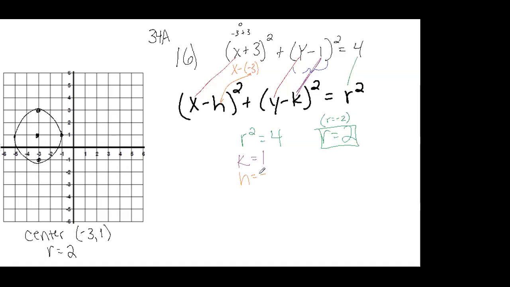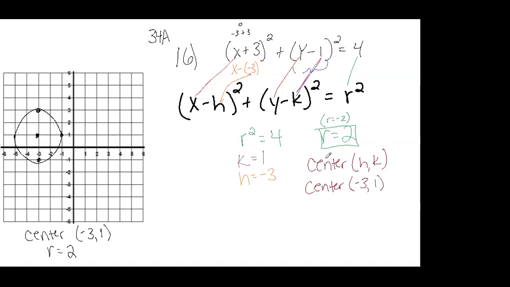So my h is negative 3. When I use this equation of a circle, my center is hk. So I can say that the center of this exact equation right here is negative 3, 1.